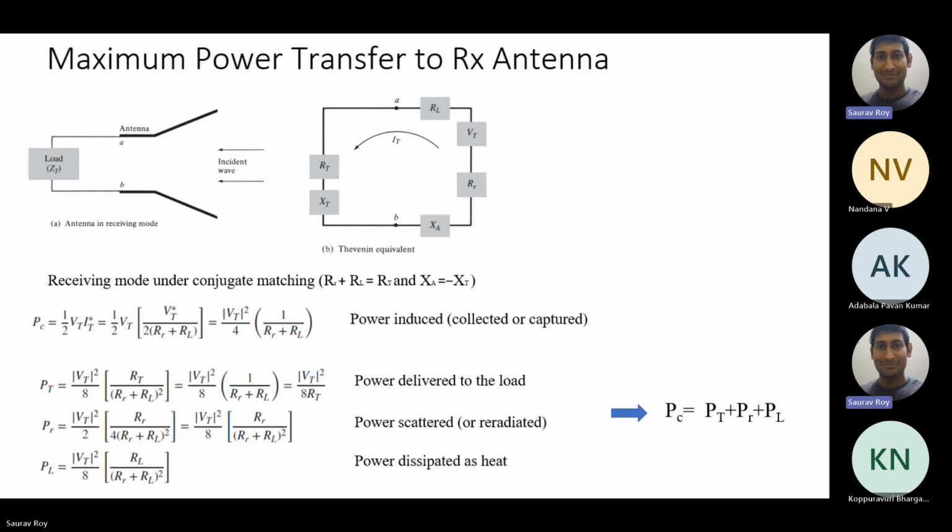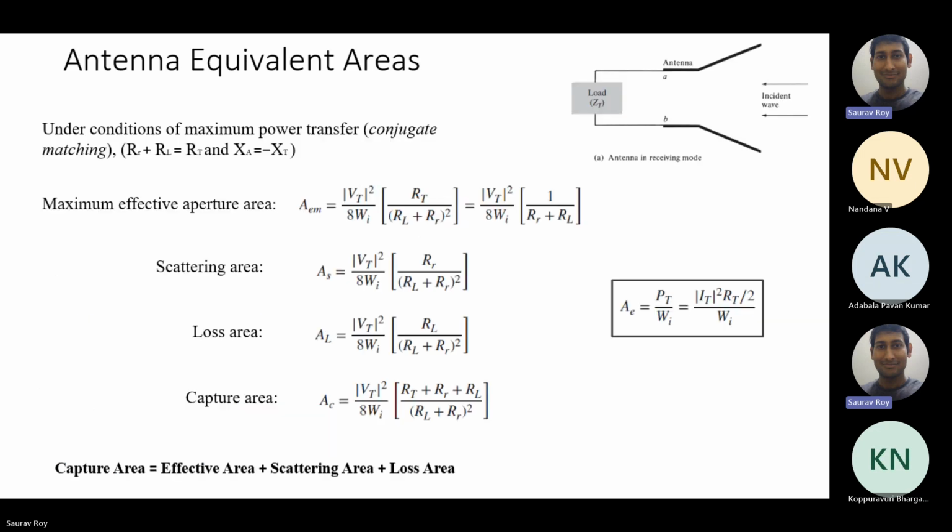This component is important, so we take it for the maximum effective aperture area. The same formulation has been used. That means the maximum effective aperture area is given by the power delivered by the antenna aperture to the load. That is the equivalent area of the antenna.